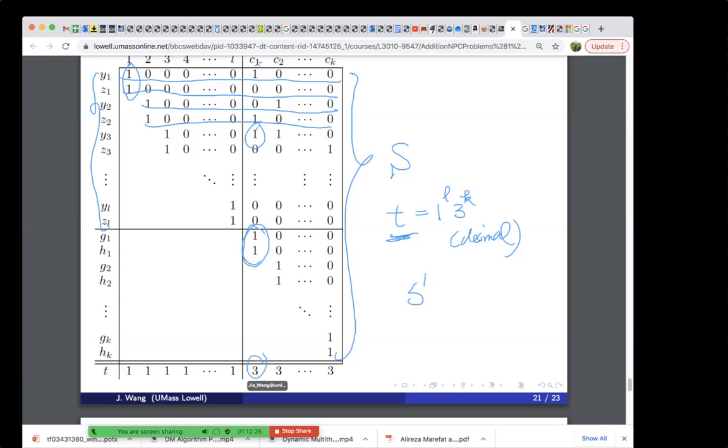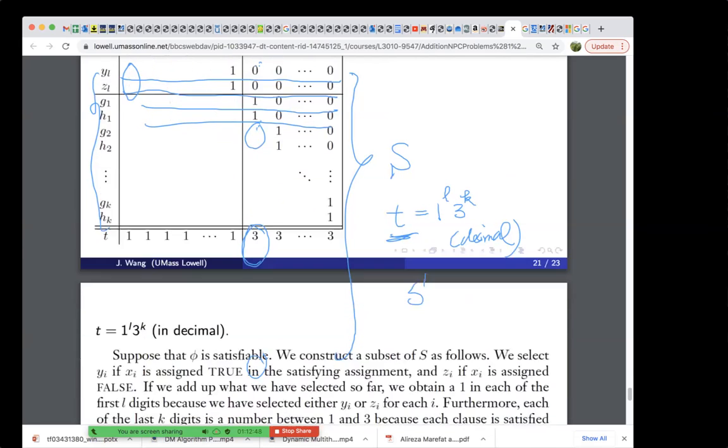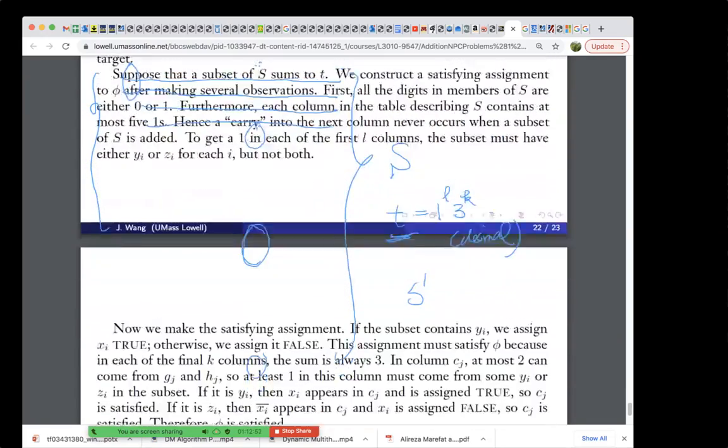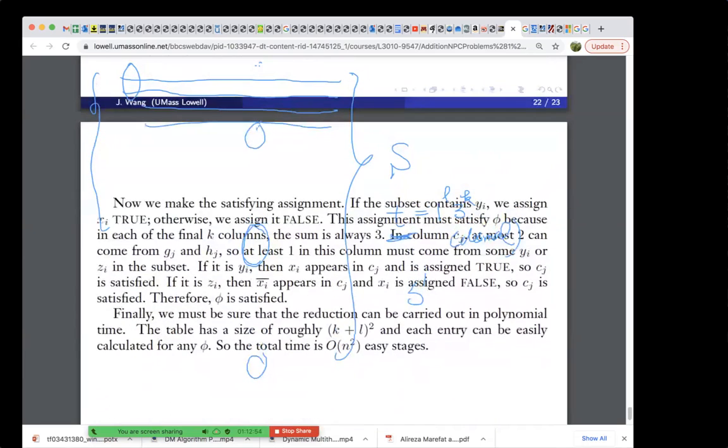Okay, so that's how you can see that this formula is satisfiable if and only if there is a subset of S such that you sum up the elements in that subset and it's exactly equal to T. Okay, so you need some thinking, but you should be able to think it through.